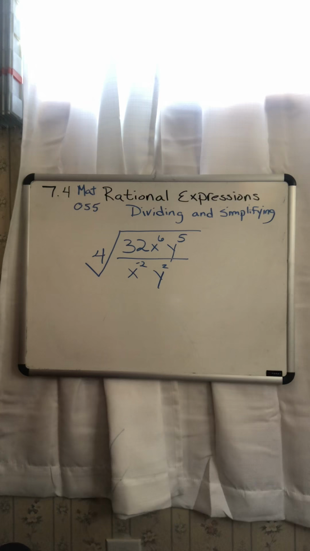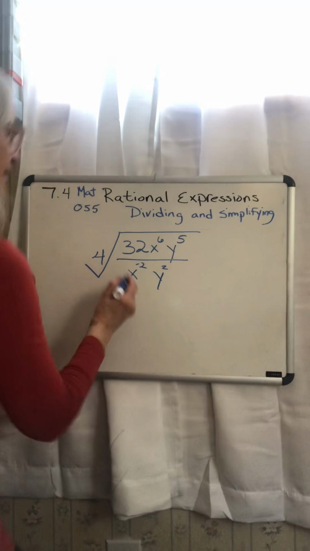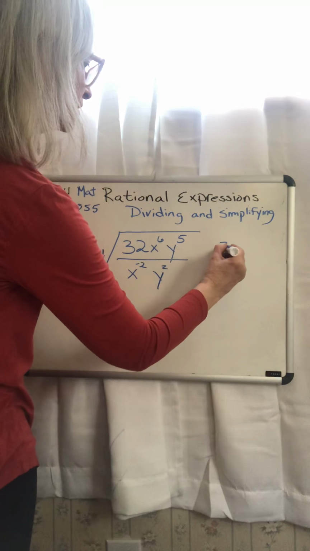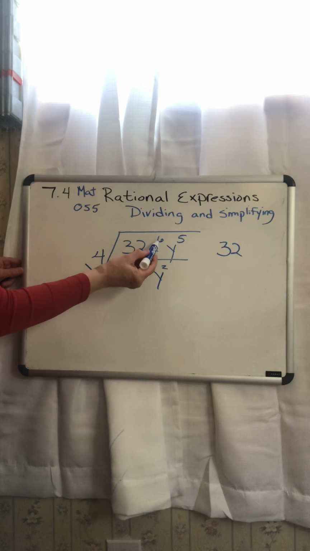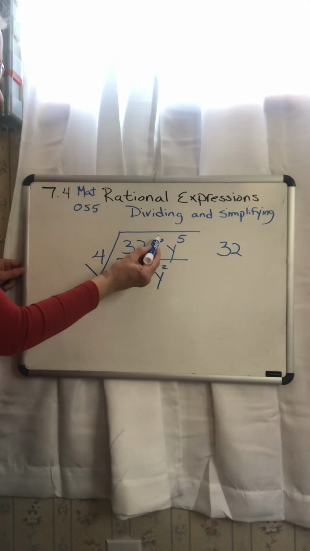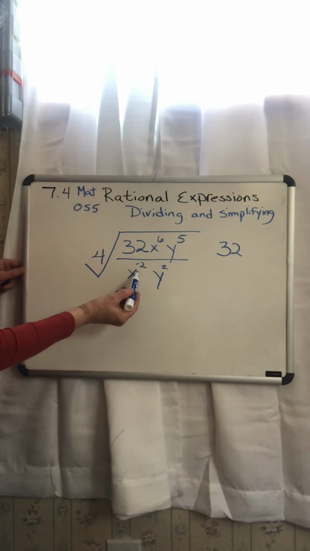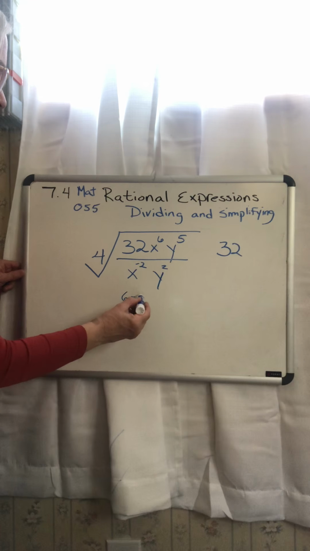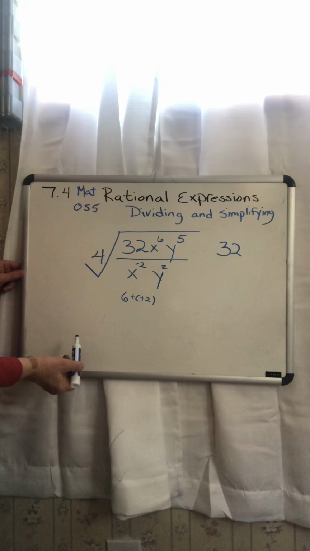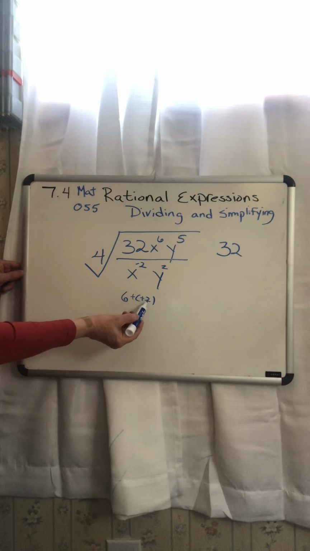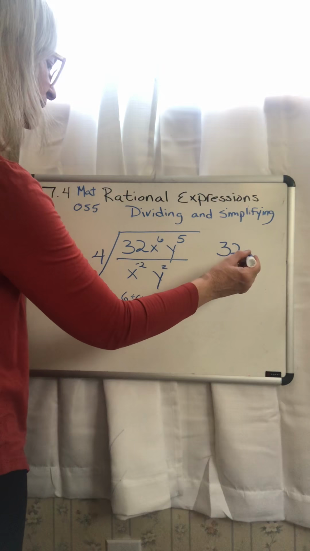Okay, so first of all, we go ahead and divide what we can divide. We can't divide the 32, so we're still going to have it in, I'm going to write it there. So when you divide these, remember we're subtracting. So it becomes 6 take away a negative 2. 6 take away a negative 2. So that actually would be an 8. So we have x to the 8th.